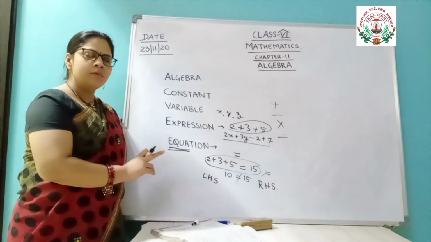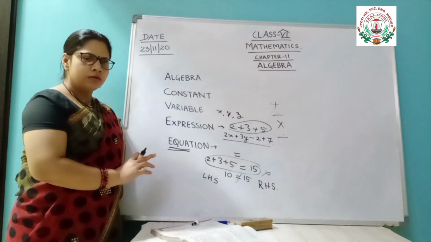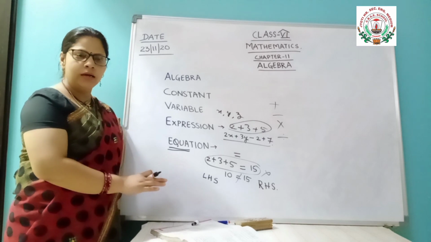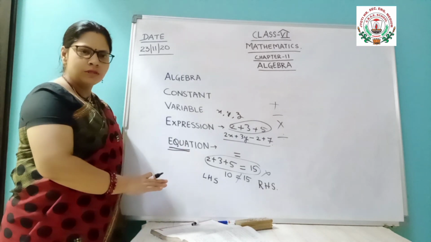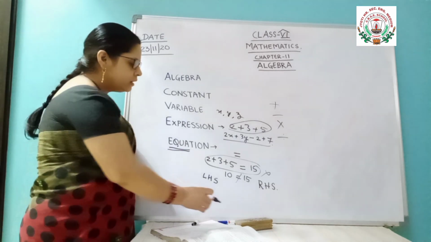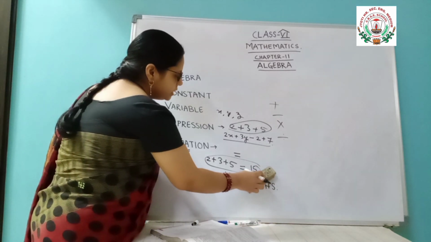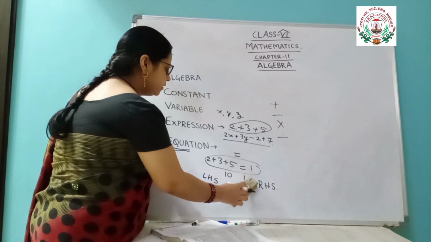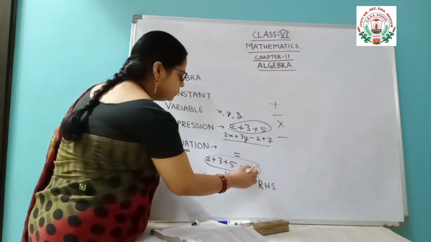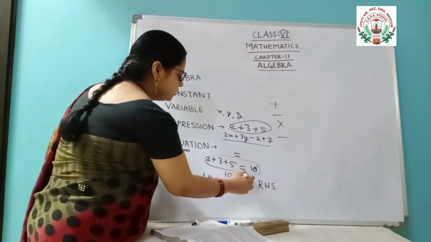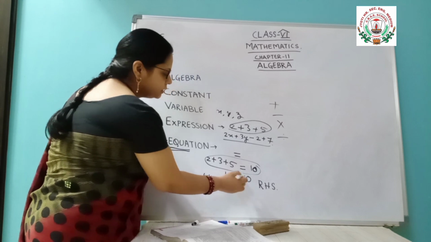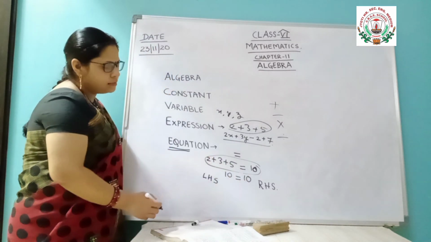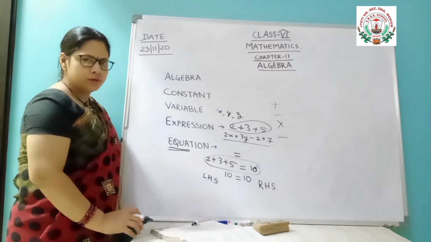Both sides should be equal. If you get them equal, then it is an equation. If not, then it is not an equation. If I would have written 10 here, then I got 10, it is equal. So yes, this is an equation.